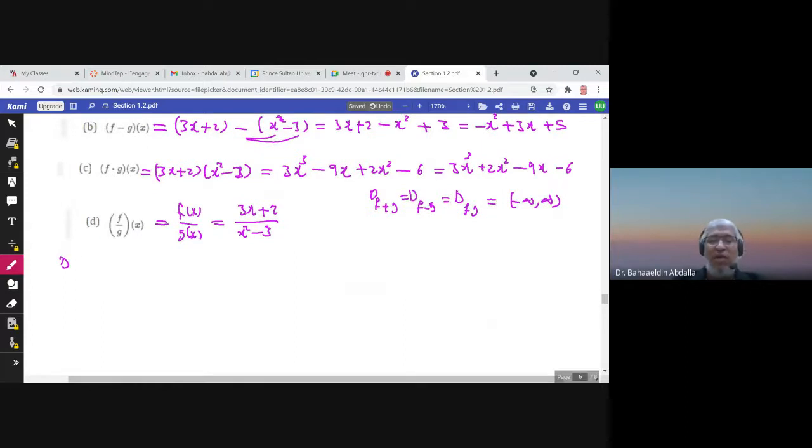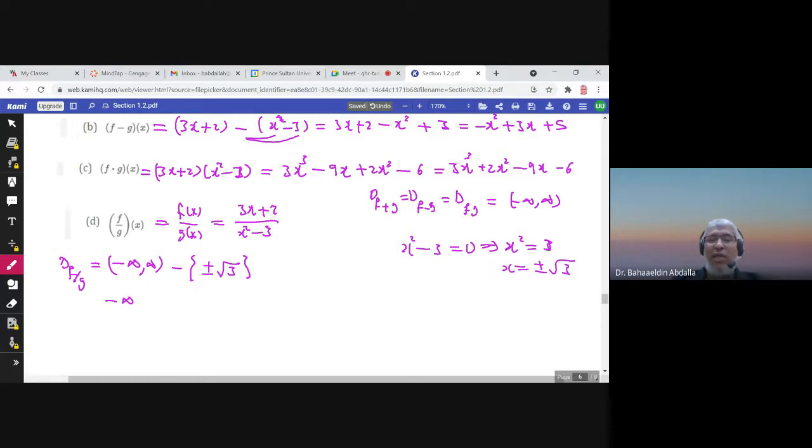While the domain of f over g would be the domain of f intersection domain of g, minus the zeros of the denominator. And the zeros of the denominator are plus or minus square root of 3, because if you put x squared minus 3 equals 0, you have x squared equals 3, which means that x is plus or minus square root of 3.